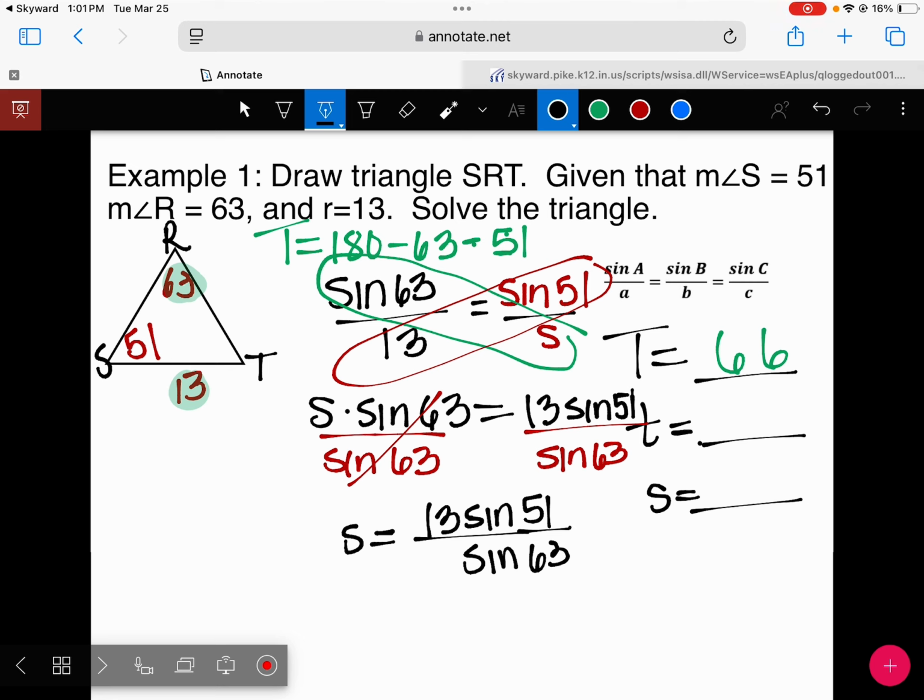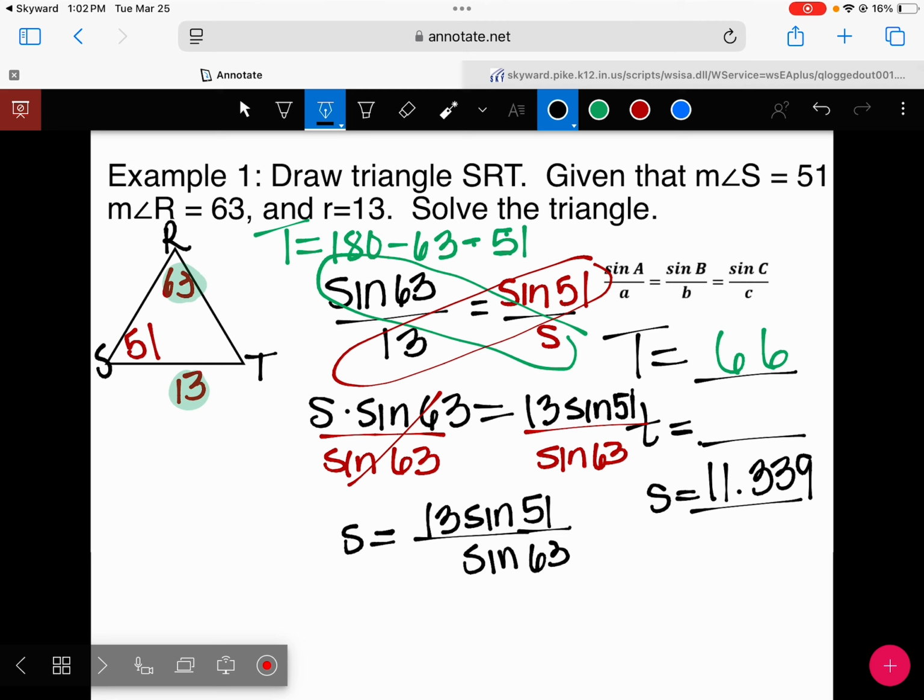Go ahead, type that in your calculator. I'm pretty sure your notes say thousandths place, so three numbers after the decimal. Did you get 11.339? Yes. All right, good.